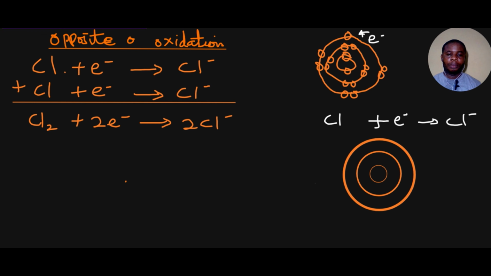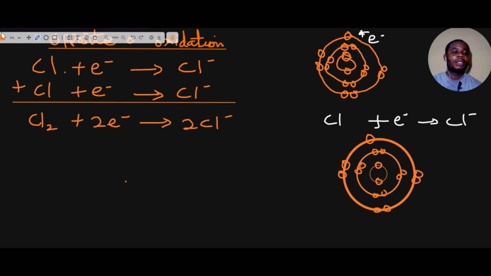So the innermost electrons will be 2 followed by 8. And this is the electron that is being added to it.